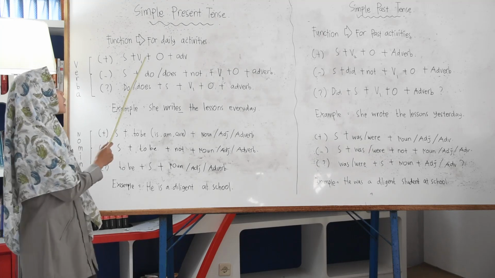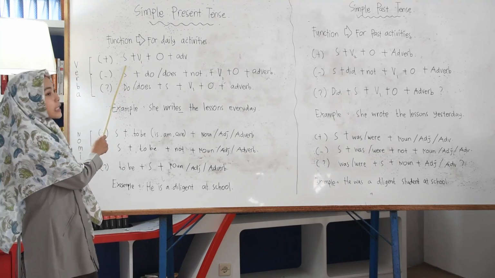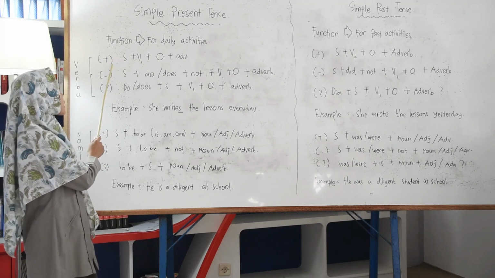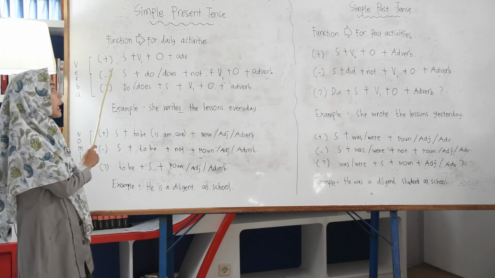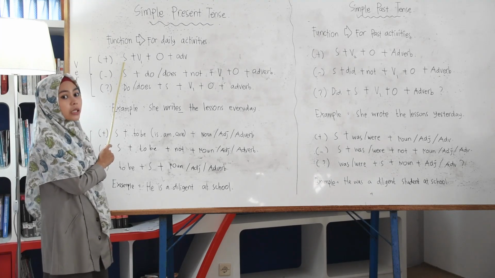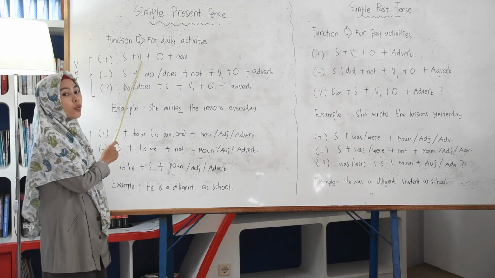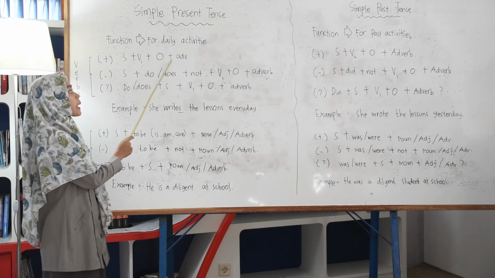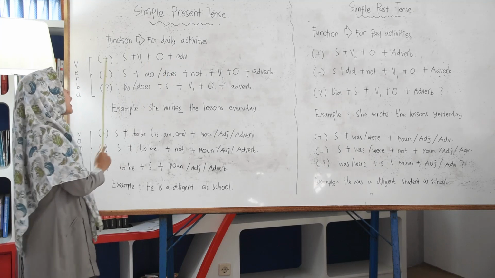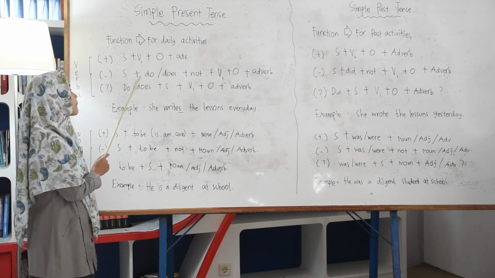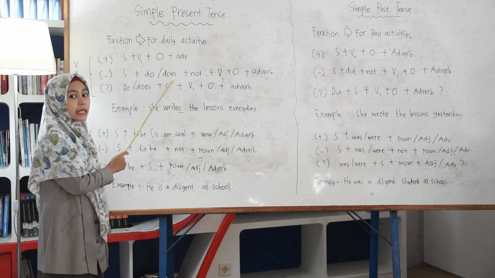And the form, there are three forms. The first, positive, negative, and interrogative. Positive form is subject plus verb 1 plus object or plus adverb. And the negative form is subject plus do or does.